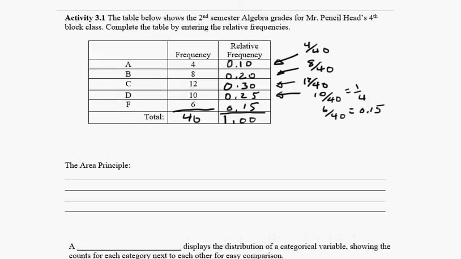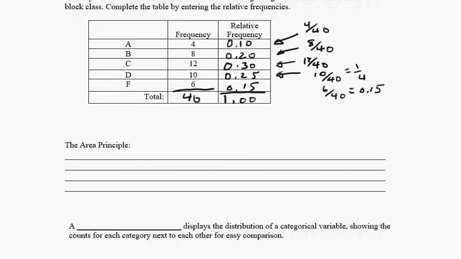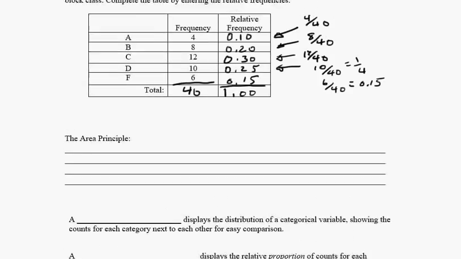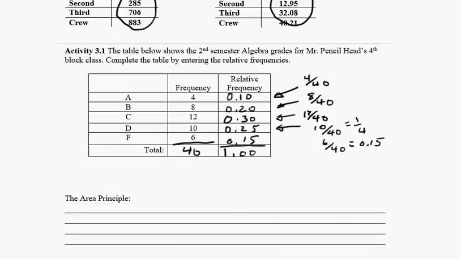When we go to create charts and display the charts, one of the things we want to do is make sure that whatever we do, like if we have a pie chart, which we'll get to in a minute, the little sections or areas, whatever they are, have to be proportional.